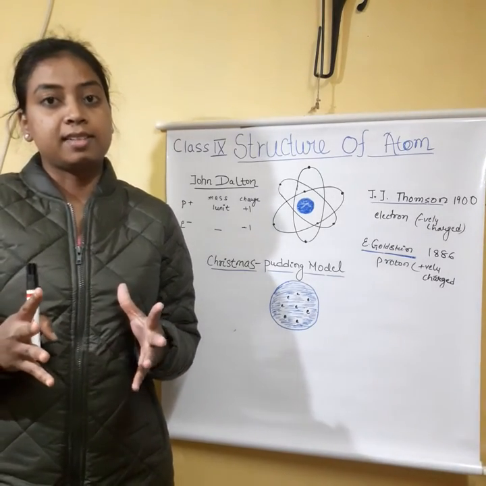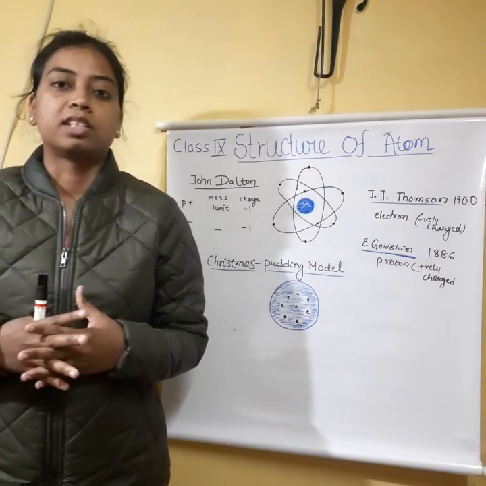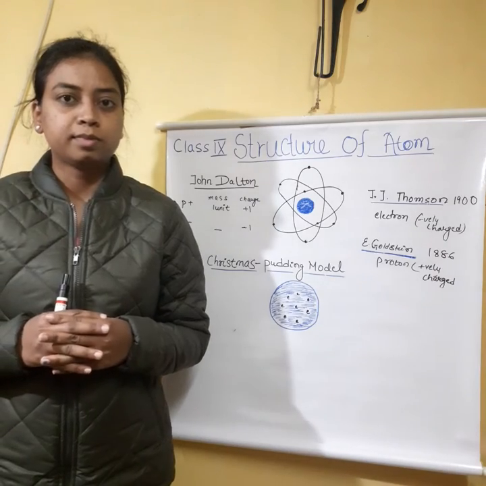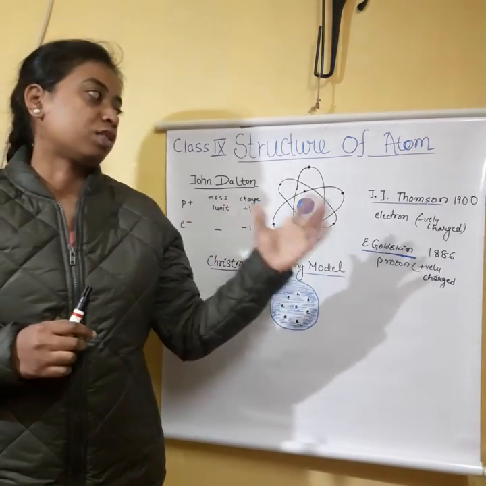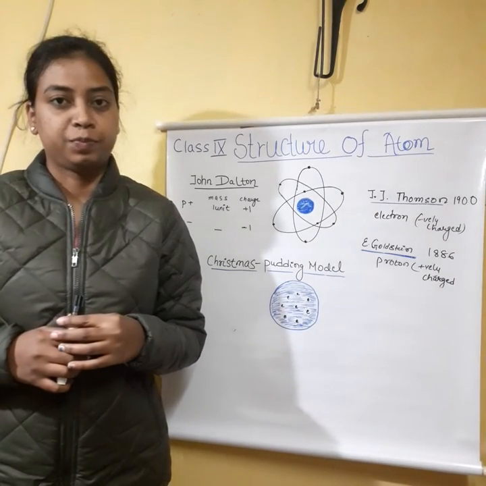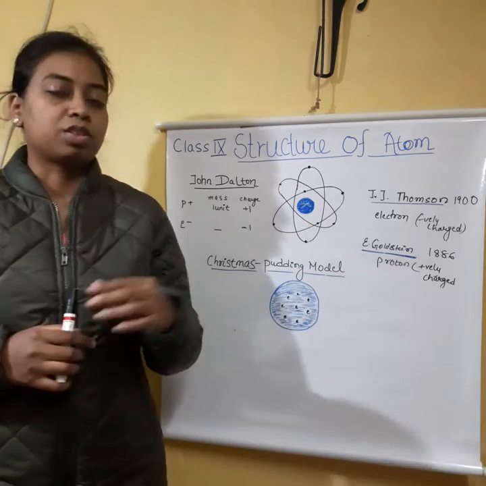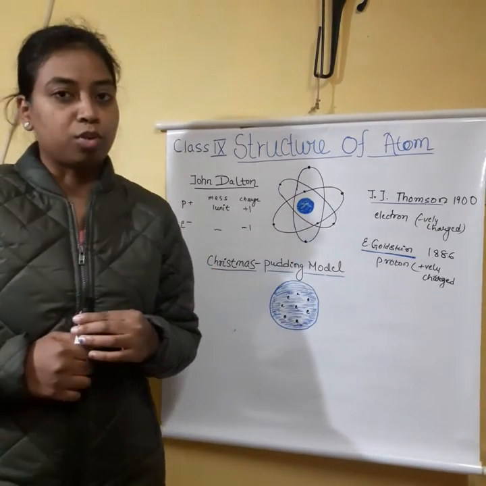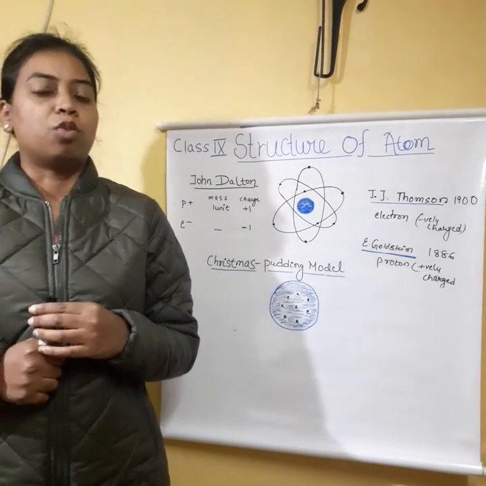So many scientists kept on proposing different atomic models in order to explain the exact structure of an atom. Among them was J.J. Thomson. He gave an atomic structure also known as the Christmas pudding model or plum pudding model, or we can say watermelon structure.